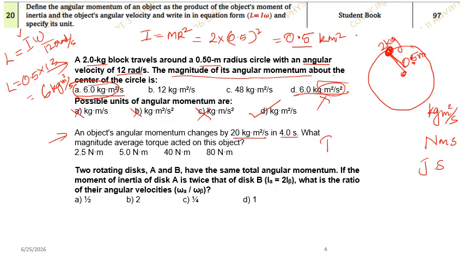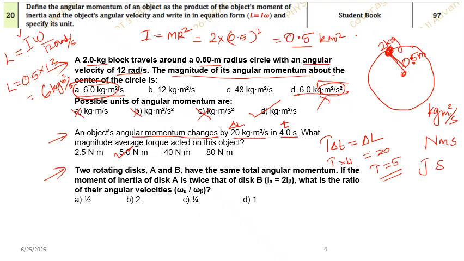This is the angular impulse angular momentum theorem: torque into delta t will be equal to change in angular momentum, delta L. They have given delta L and the time. So just put in the values. It is 20, and torque into 4. You take the 4 to the other side, so you get torque as 20 by 4, which becomes 5. So the torque will be 5 Newton meter.